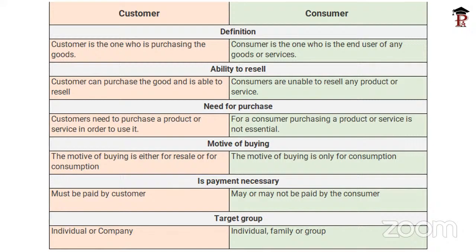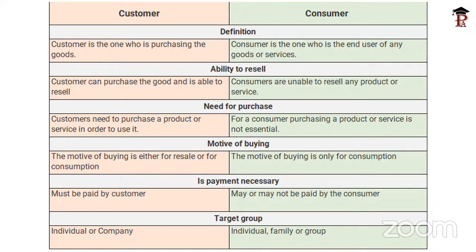In this case, consumers are unable to resell any product or service. Then we have the need for purchase. Customers need to purchase a product or service in order to use it, whereas for a consumer, purchasing a product or service is not essential.